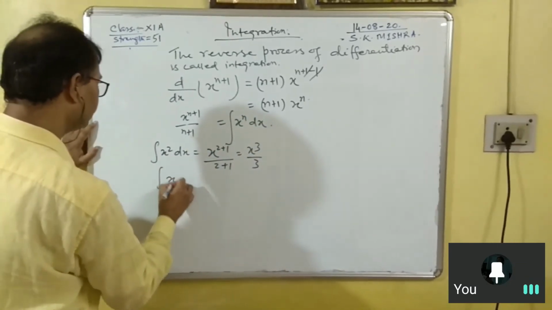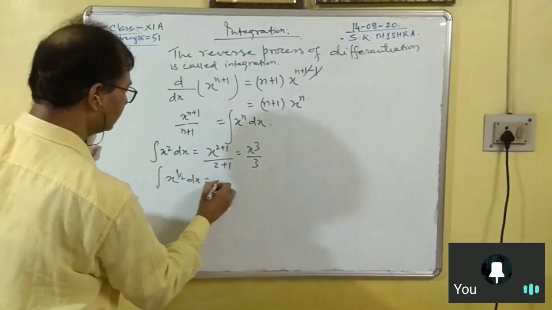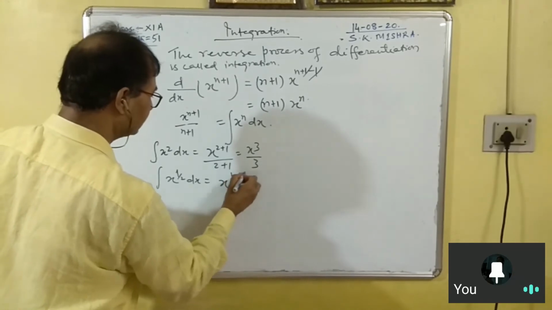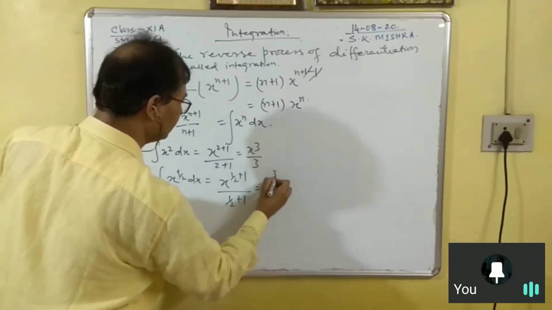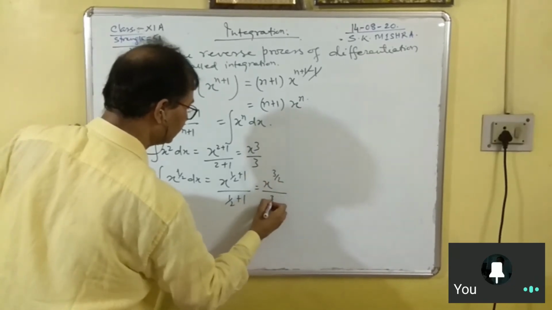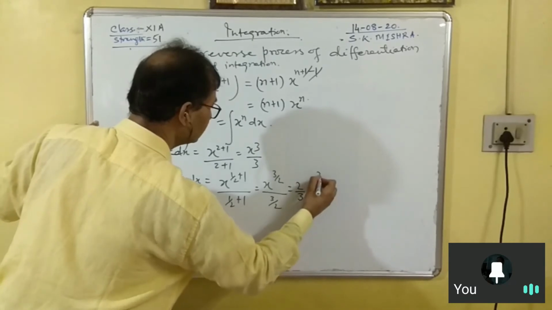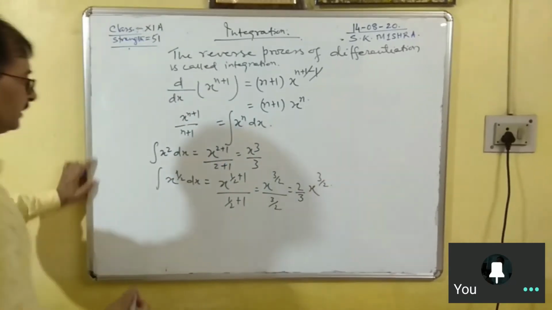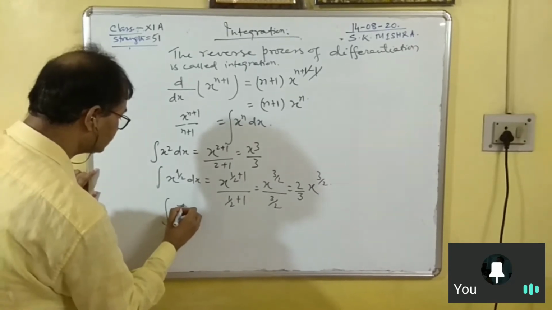Integration of x^(1/2) dx. So this is x^(1/2+1) divided by (1/2 plus 1). So it's x raised to 3 by 2 divided by 3 by 2. Somehow you can write 2 by 3 x raised to 3 by 2. Similarly, you can integrate x raised to minus 2 dx.